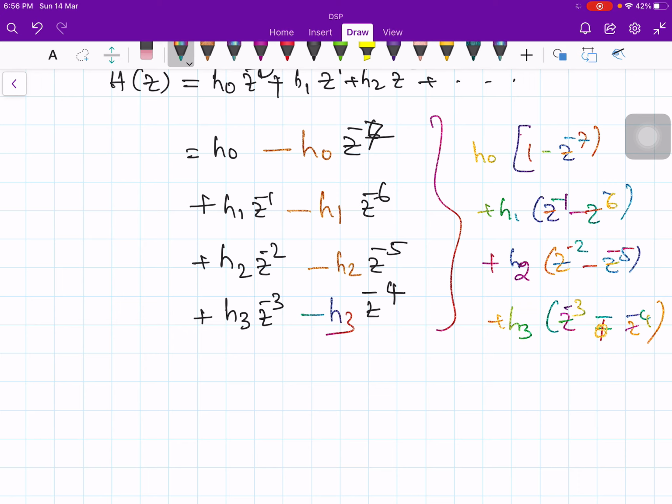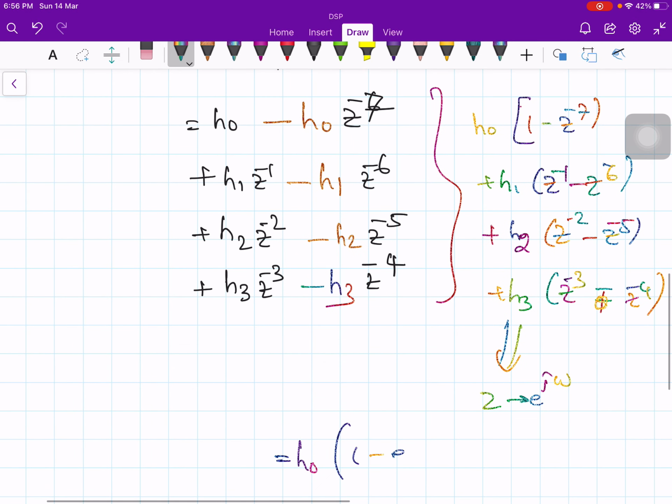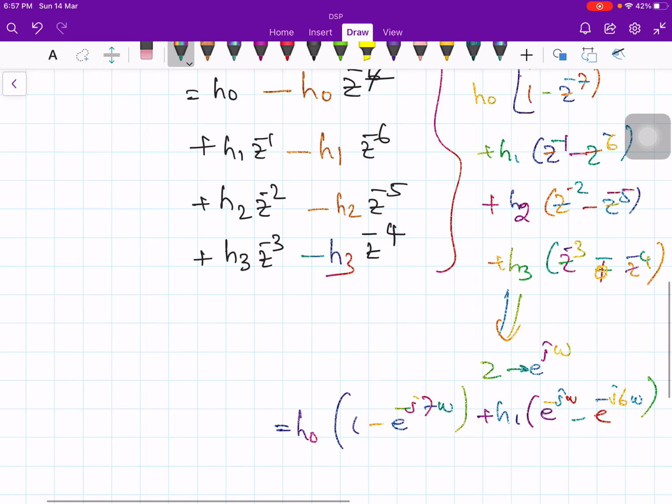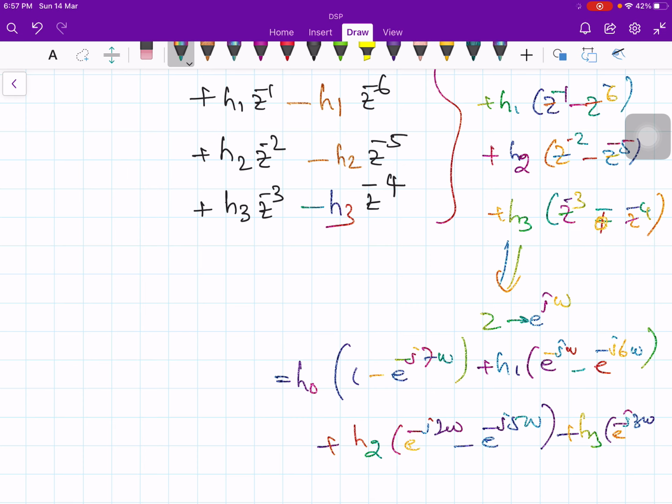Now replace z by e to the j omega. So you will have h0 times 1 minus e to the minus j7 omega, plus h1 times e to the minus j omega minus e to the minus j6 omega, plus h2 e to the minus j2 omega minus e to the minus j5 omega, plus h3 e to the minus j3 omega minus e to the minus j4 omega.